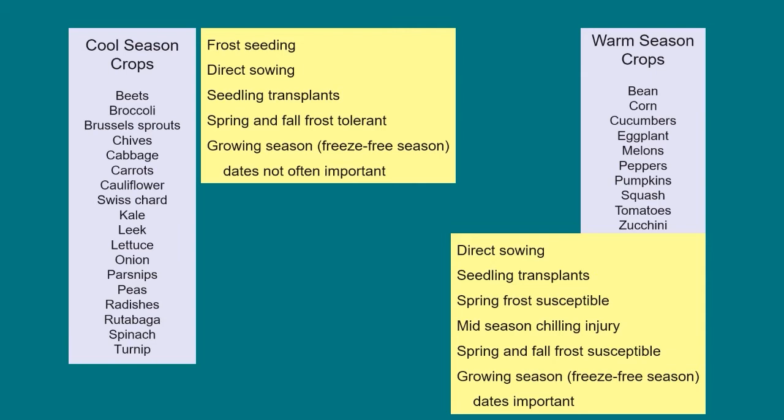The average dates of the spring freeze and first fall freeze are much more important to the warm season crops than the cool season crops when they're grown outdoors. Soil temperatures are equally as important as air temperature in predicting crop success of the warm season crops. Individual farm temperature records can provide a ballpark estimate of freeze occurrence on the microclimate scale.